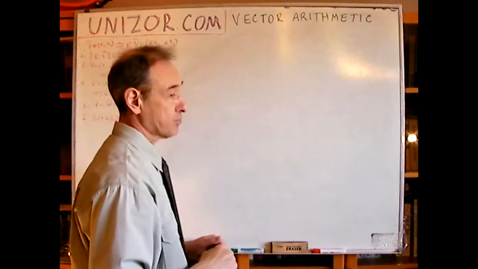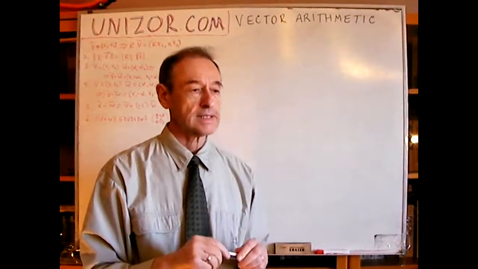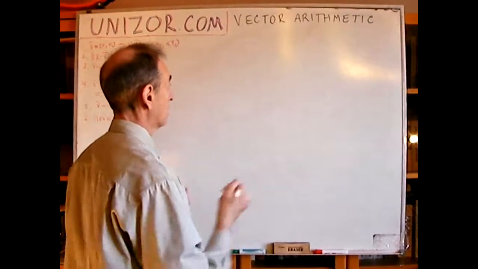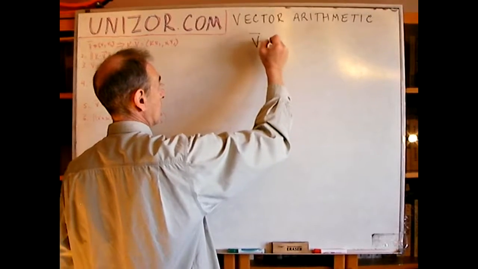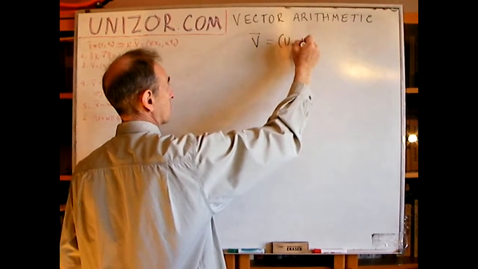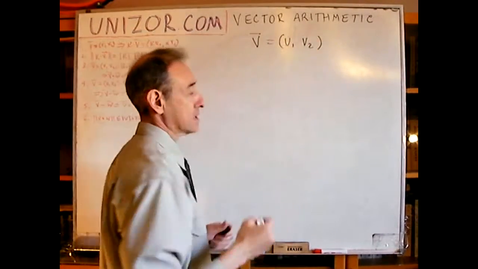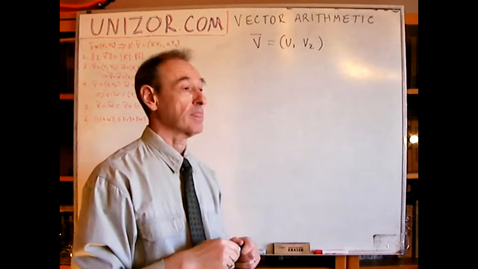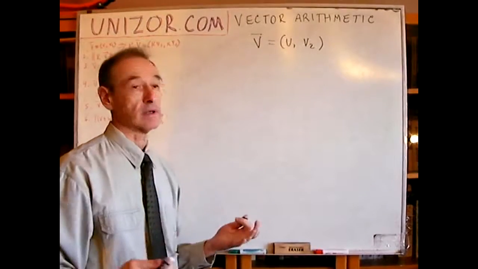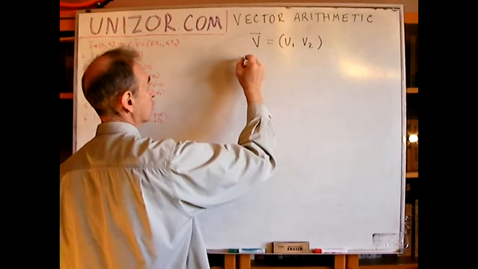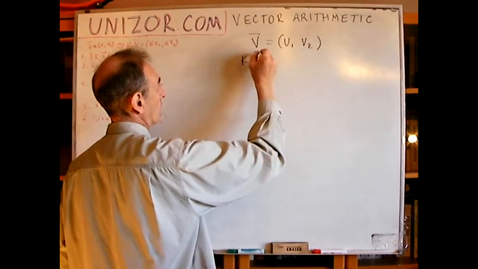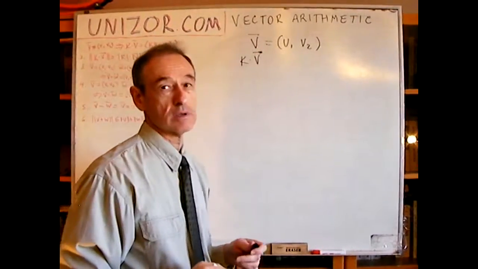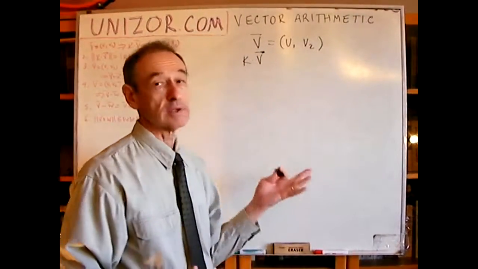Okay, the first problem. Let's consider a vector v with tuple representation v1, v2. Let's say it's two-dimensional. Actually, for three-dimensional, it would be exactly the same. Now, let's consider the vector which is the result of multiplication of this vector v by some real number k.